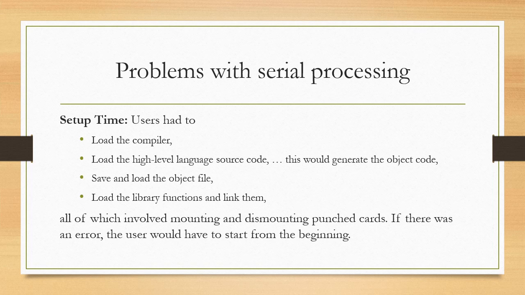This would generate the object code, then save and load the object file, and then load the library functions and link them to the object file, all of which would involve mounting and dismounting punched cards. If there was an error, the user would have to start from the beginning. So you can imagine that quite a lot of time was spent in setting up the machine.